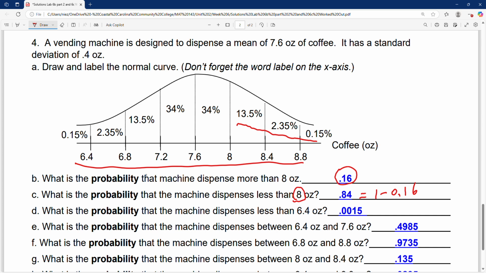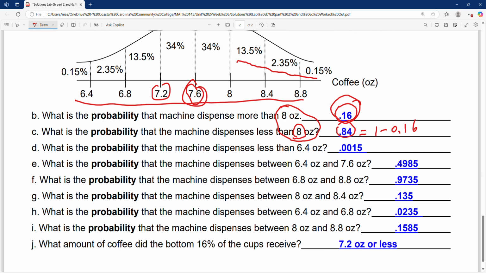So the probability of exactly 8 ounces is 0, but more than 8 ounces is 0.16, and less than 8 ounces is 0.84. Adding them together, it's 100%. For a normal distribution, if you ask the probability at an exact value, the probability is 0. Like what's the probability of 7.6 ounces? 0. What's the probability of 7.2? 0. But what's the probability of more than 7.6? 50%.